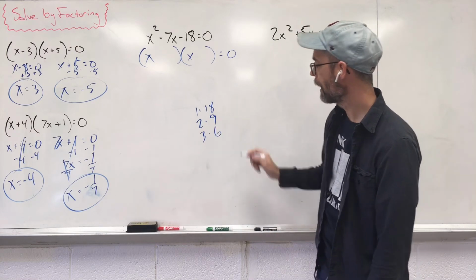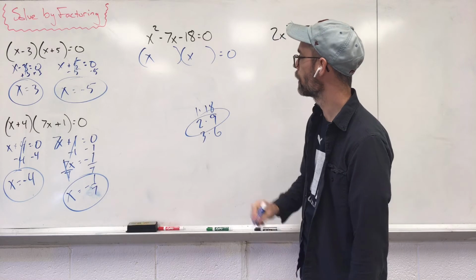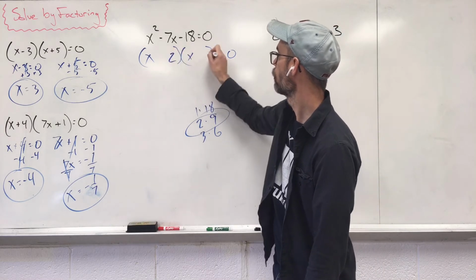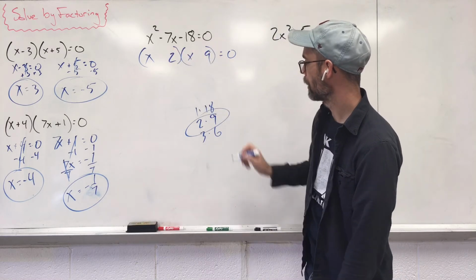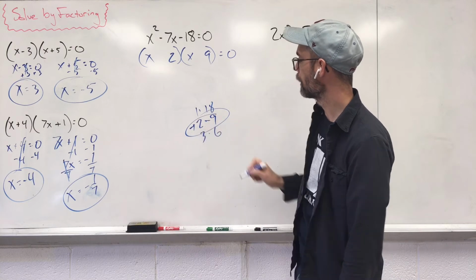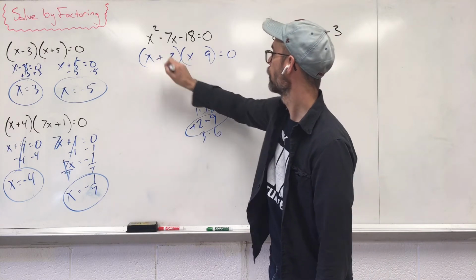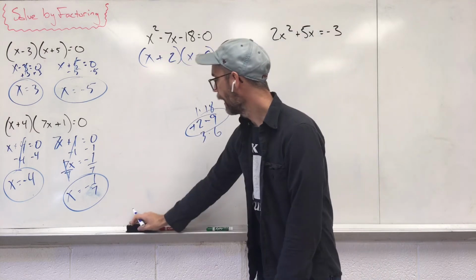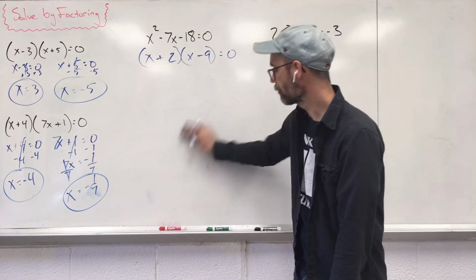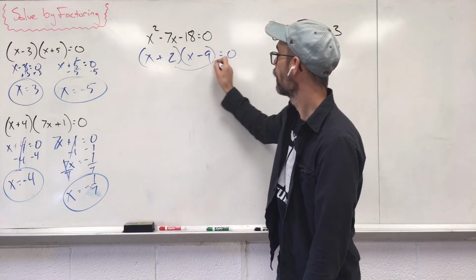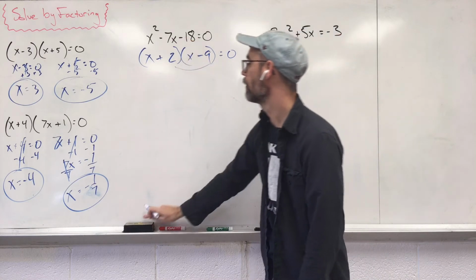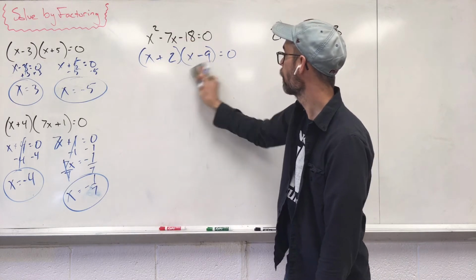Can I get a 7 out of any of them? Yes, 2 and 9. I need to come up with a negative 7, so I'll say plus 2 and negative 9. And if I multiply my last two numbers together, 2 and negative 9, that gives us negative 18. So we're okay there.